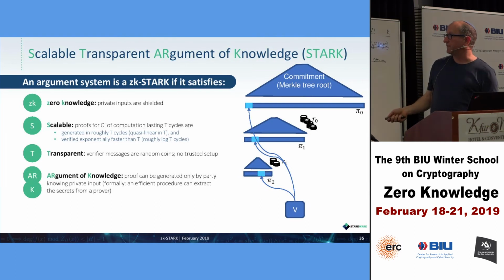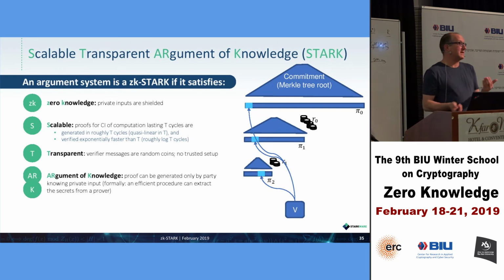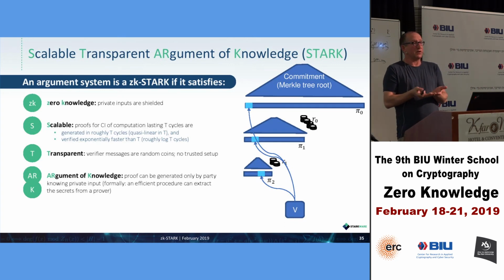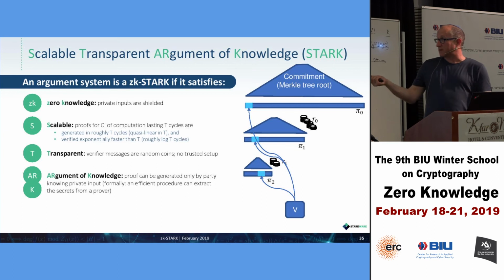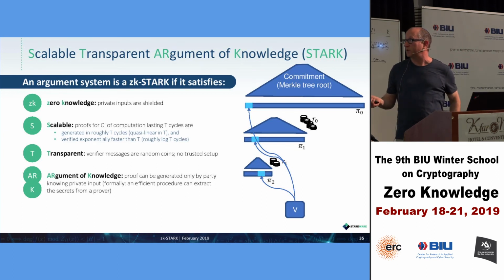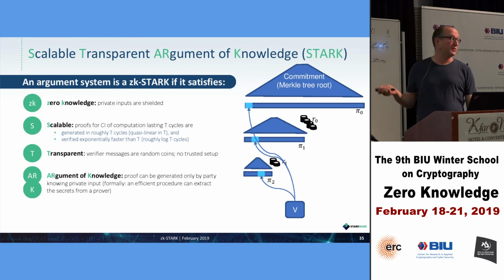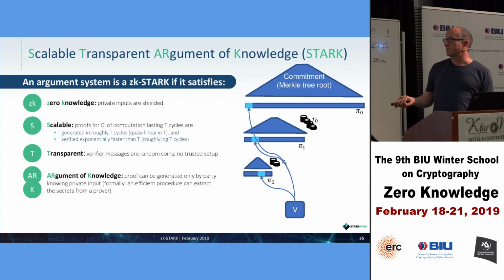And if you do that to an IOP, you get, this is one way of constructing ZK-STARKs. I just want to say that any other method of constructing a system that has the properties of a ZK-STARK is also a ZK-STARK. But this is the approach that we took. There should be other ways of doing it, and I encourage you to do these things.